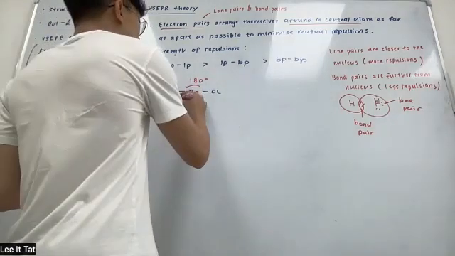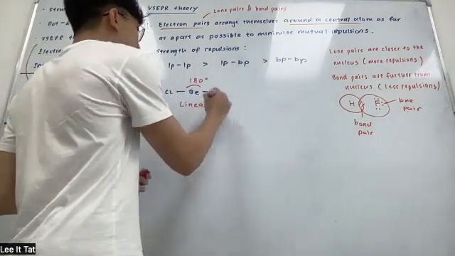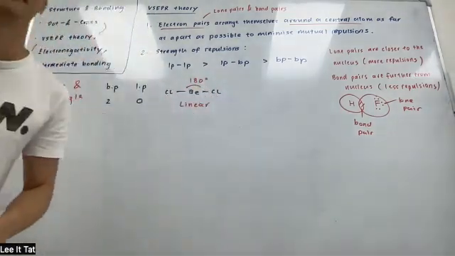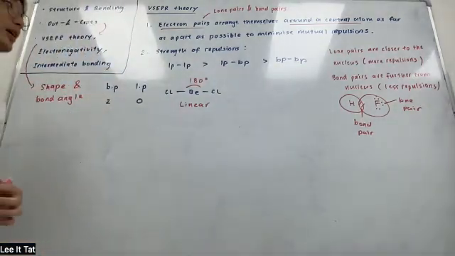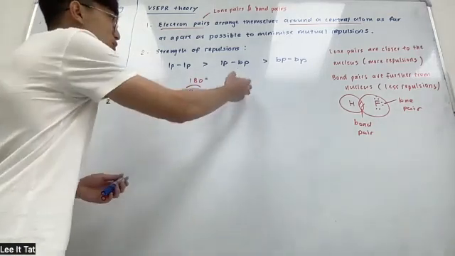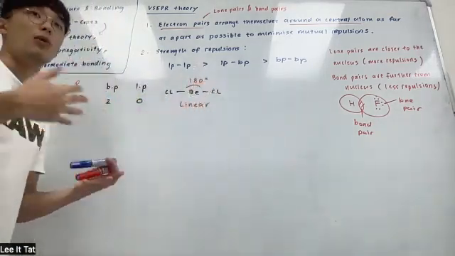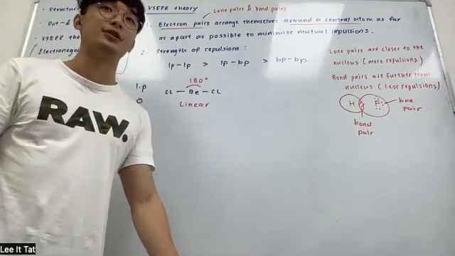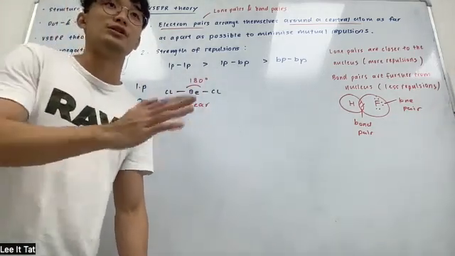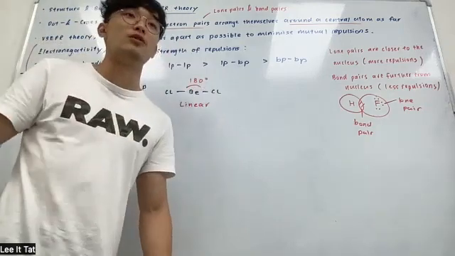The shape in this case is very easy to remember as well because linear just means straight line. So I'm sure it's no problem. You can also think of it this way. You can take 360 degrees, divide by 2. Why can you just divide by 2? Because again, bond pairs are equally repulsive. Later we'll see a situation where they are not equally repulsive.